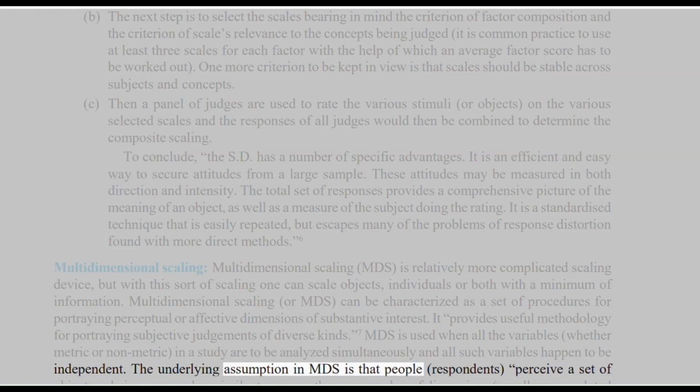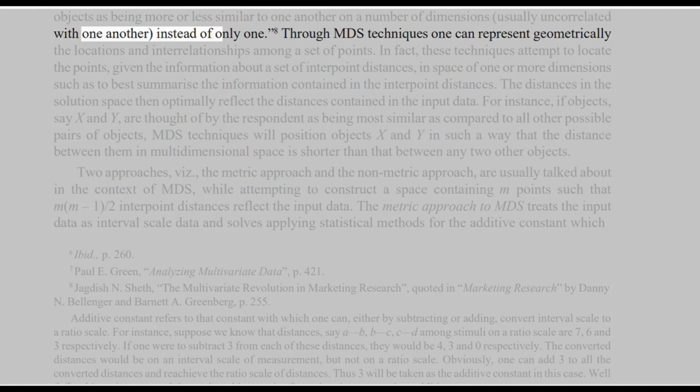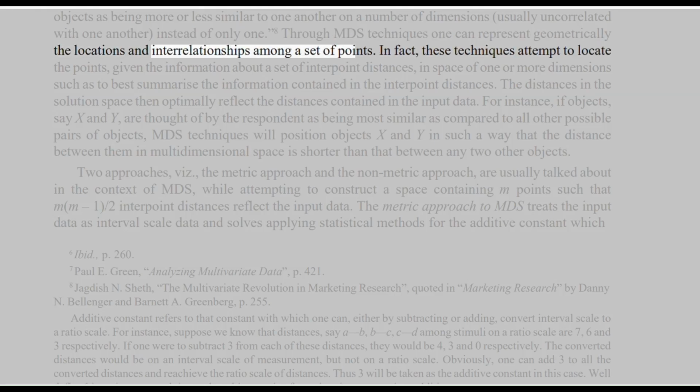The underlying assumption in MDS is that people, respondents, perceive a set of objects as being more or less similar to one another on a number of dimensions, usually uncorrelated with one another, instead of only one. 8. Through MDS techniques one can represent geometrically the locations and interrelationships among a set of points.